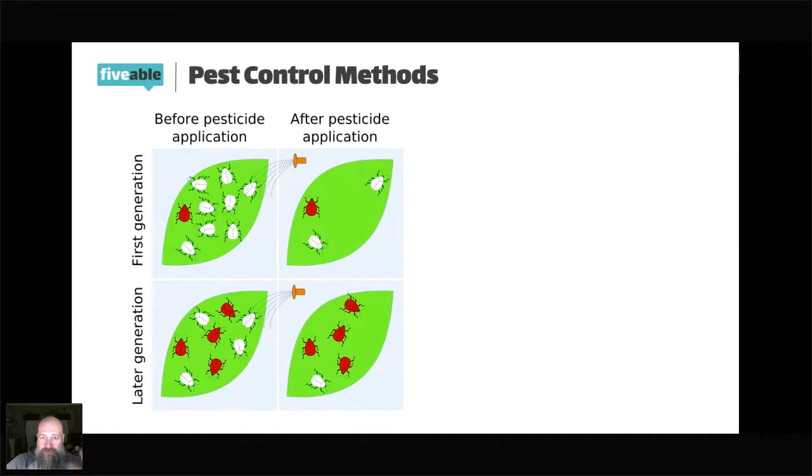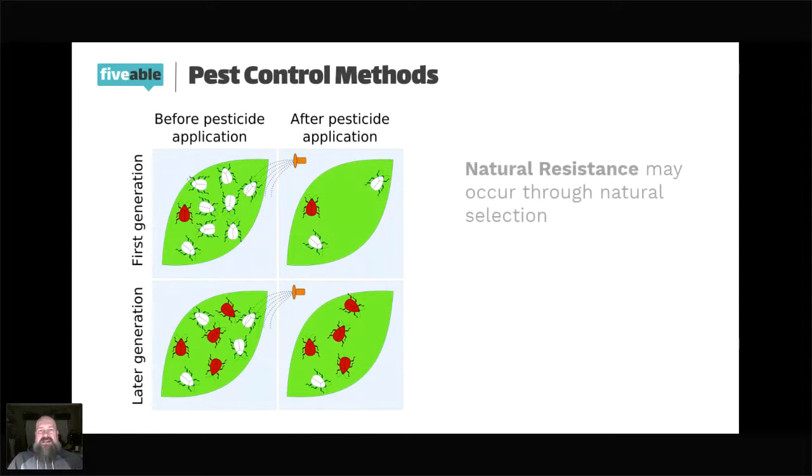Exactly. Thank you, Ethan. The red beetle has some sort of genetic resistance to the use of that pesticide. It just so happened that it didn't kill all of the white beetles. And if you look later on, the next generations have a lot more of the red beetles and fewer white ones, until eventually all you're going to have are these red beetles.